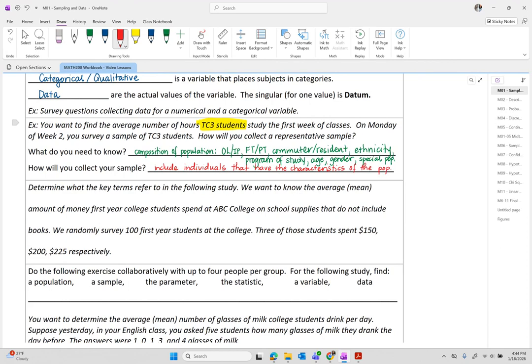We will have another chapter on how to conduct sampling. We will leave this for now, and we will focus a little bit on the key terms.